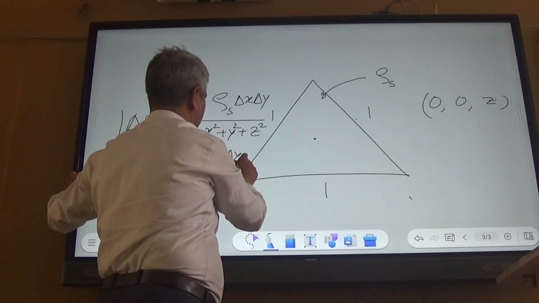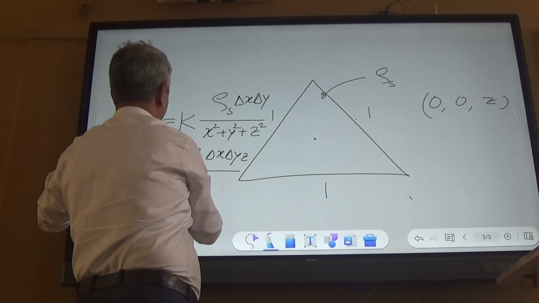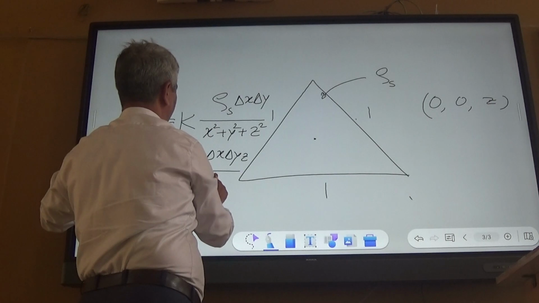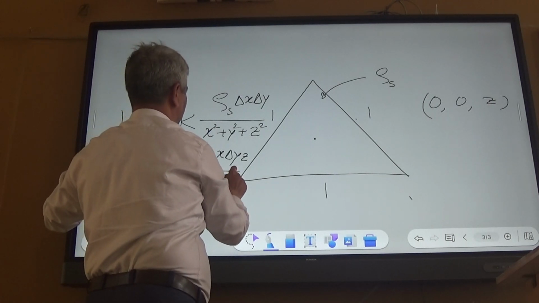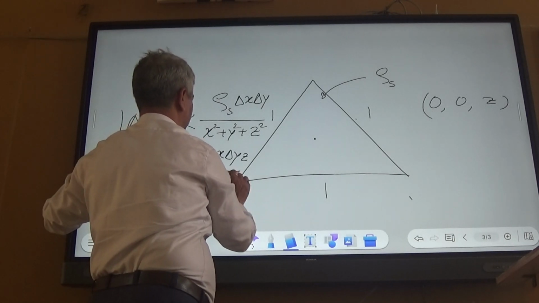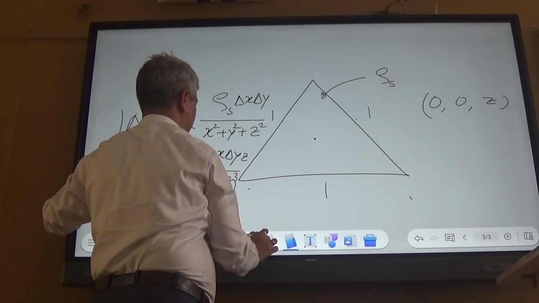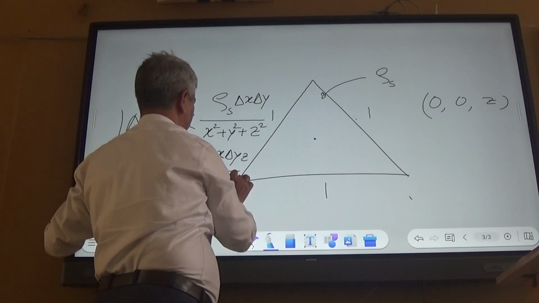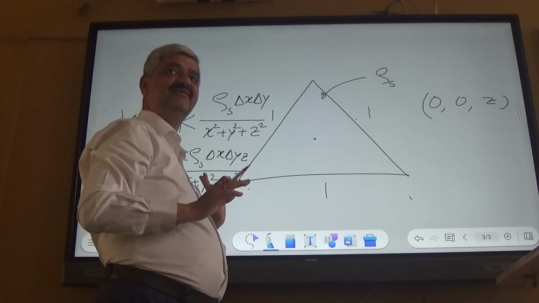So this z comes here and this becomes x square plus y square plus z square raised to 3 by 2. Right? That's okay.